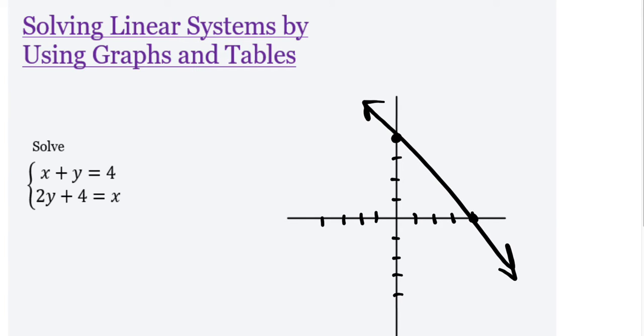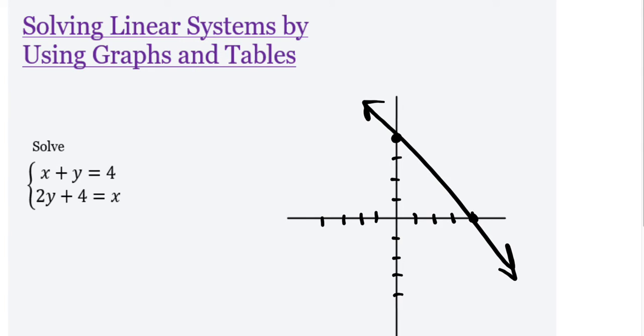Bottom equation. So the top equation was in what's called standard form or general form because the x's and y's were together equal to a number. The bottom one isn't in that form, but we can put it in that form if we want to. So you can move the letters so that they are on the correct sides.